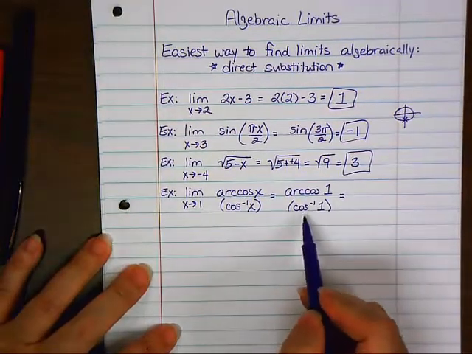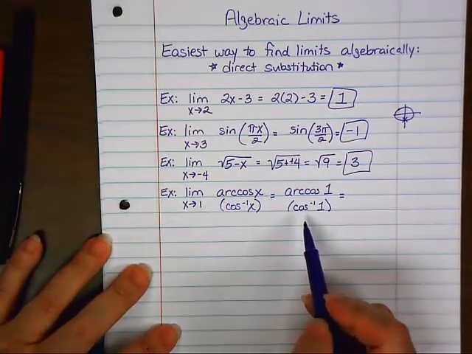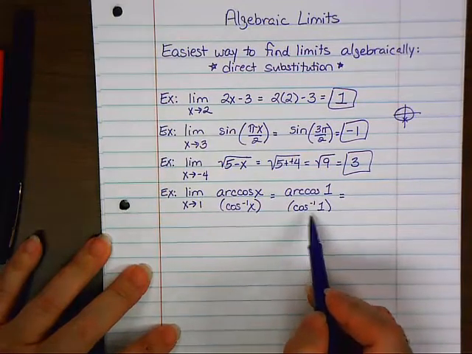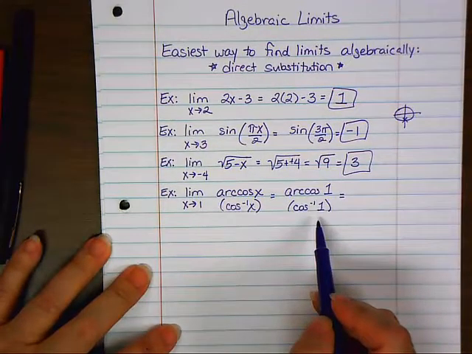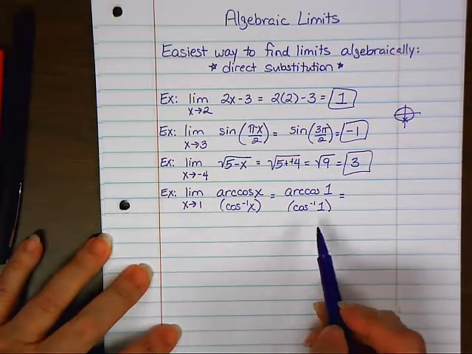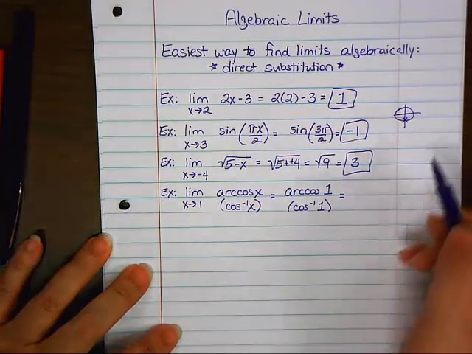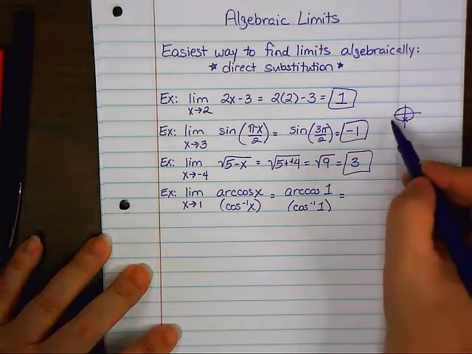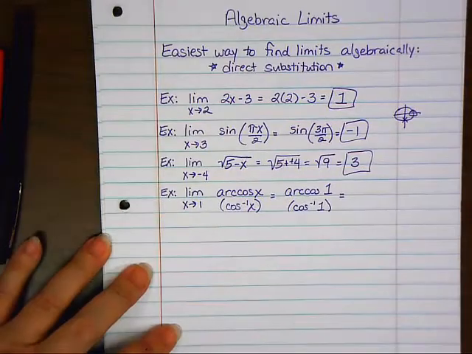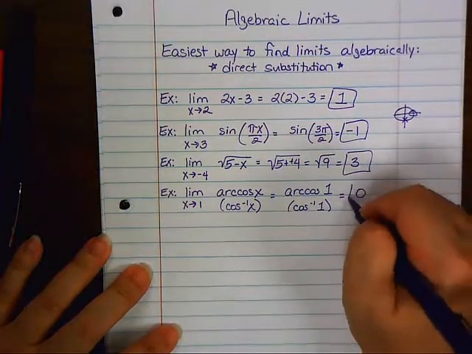This means I want to know the angle that has an x value of 1. So I'm giving you the x value. What's the angle? Where on here? Right there? Okay. I don't want to do 2 pi. I want to do the simplest answer possible. 0. That angle is 0.